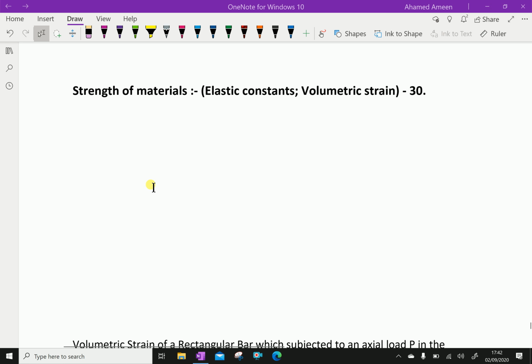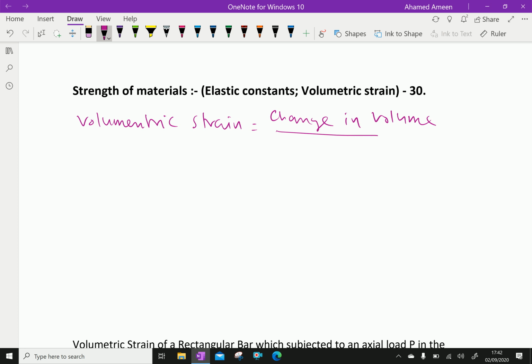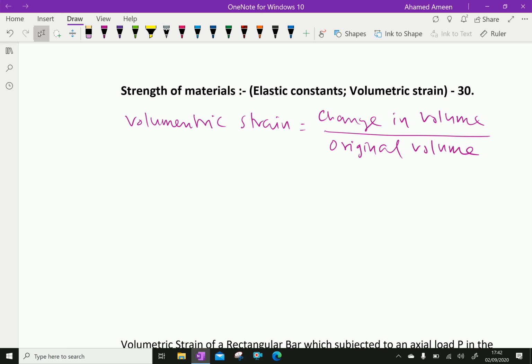Volumetric strain is equal to the ratio of change in volume over original volume when subjected to a single or a system of forces.